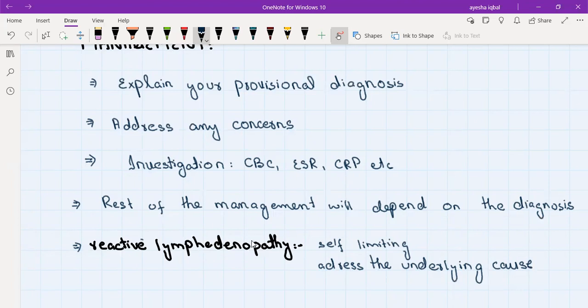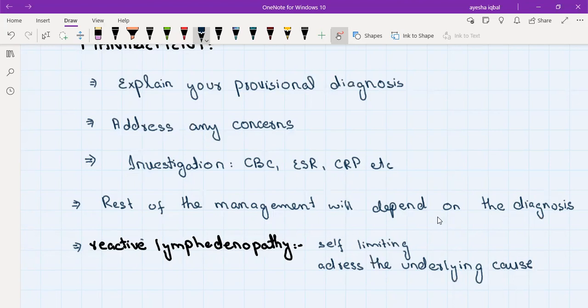And this is called reactive lymphadenopathy. It's basically a self-limiting condition. And once the underlying cause is resolved, then it will resolve. So, for example, if it's viral flu, then you'll tell the patient just take rest and take lots of warm fluids. And once your flu is resolved, then the lump in your neck will also be gone, okay?